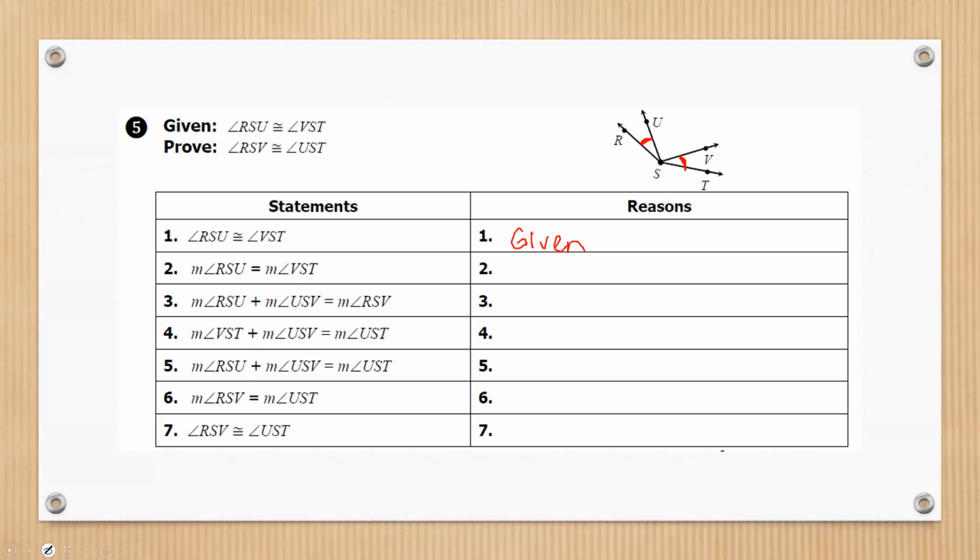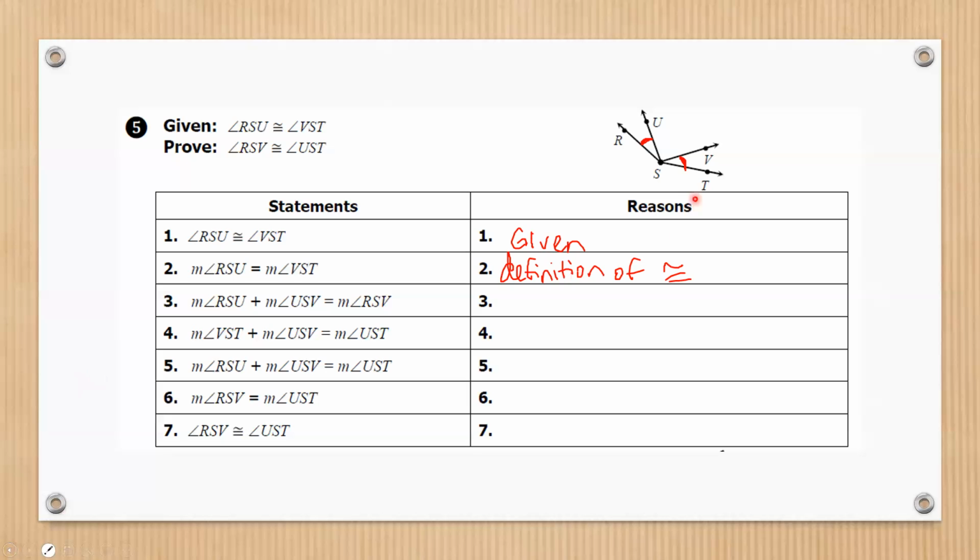Then it says the measure of angle RSU is equal to the measure of angle VST. So it looks just like step 1. It's just instead of parts being congruent, their measures being equal. So this is our definition of congruence. All right, now we've got some addition going on. We're working with angles, so my brain right away goes to angle addition. You should always see, is this angle addition?